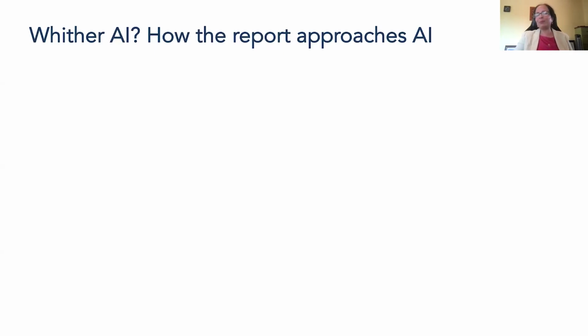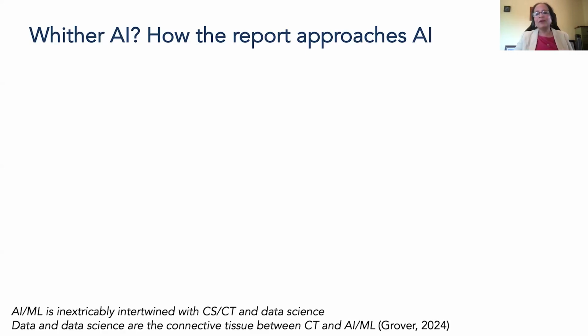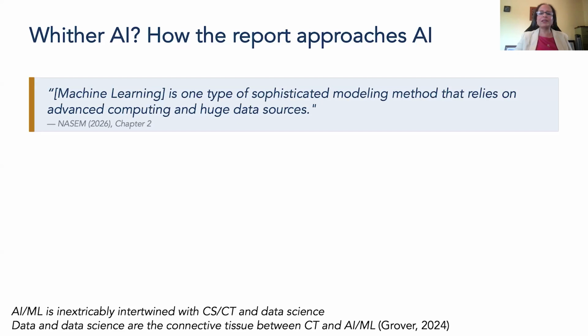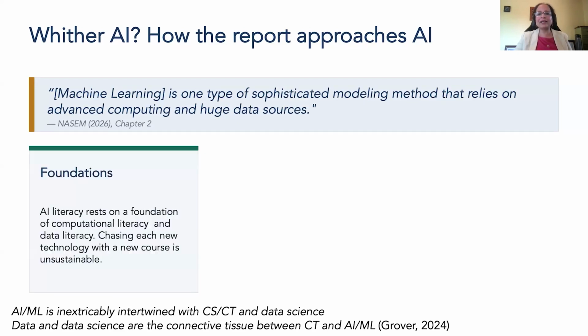One obvious question that people have asked is why this report is not more explicitly about AI. And our stance, which of course comes from the statement of task, is that data and computing competencies are foundational. If students understand these competencies, they will understand AI. In fact, they can and will learn many of the competencies through AI education itself and AI literacy efforts.